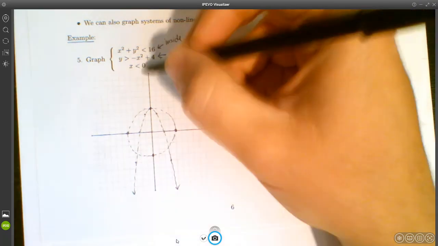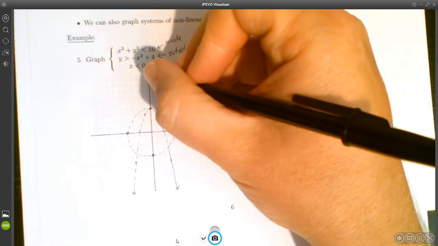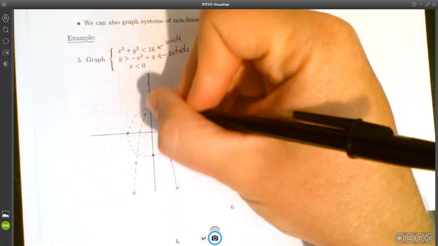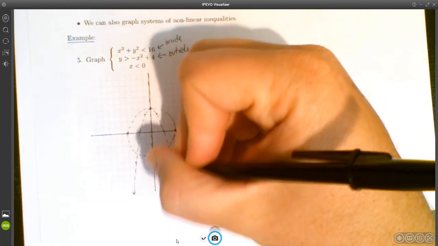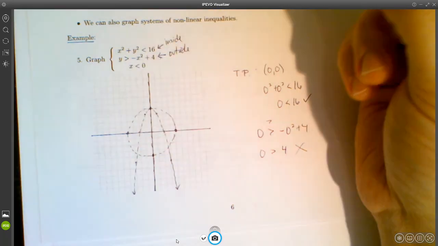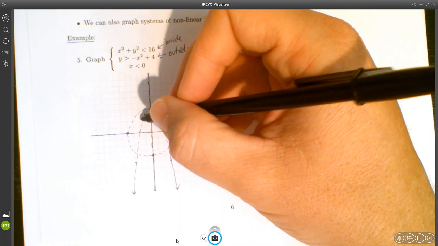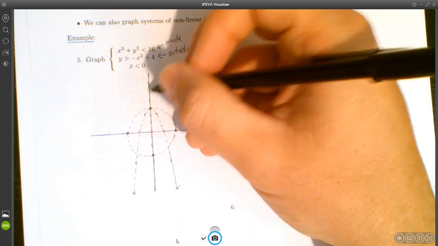And then finally, x less than 0. Well, if I just make this x equals 0, then it's a vertical line at 0. And I know x less than 0 means I'm going to be shading to the left. So I'm shading inside the circle, outside the parabola, left of this straight line.